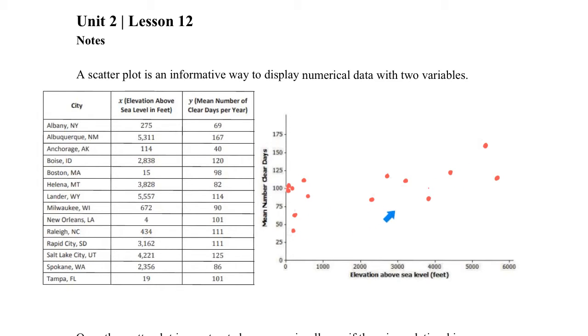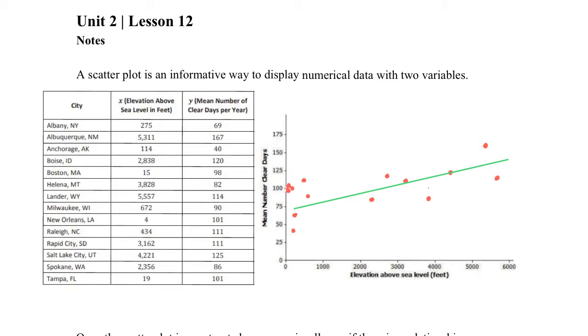The advantage of a scatter plot is once you have everything laid out, you can look at this and determine if there's a relationship between the variables. What I mean by that is if I were to draw a line through the data, the best line that I could draw would probably look something roughly like that.